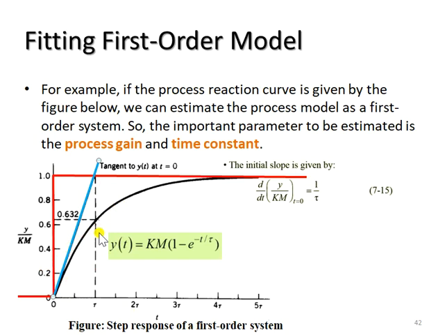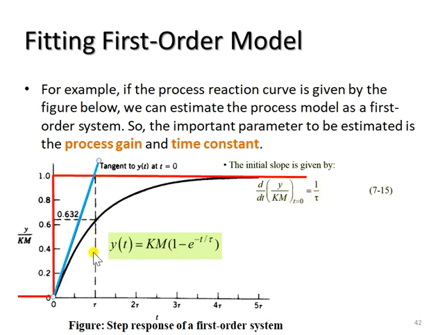So theoretically, or from this figure, we can see that the maximum slope is obtained and crossing the final value. If we sketch this slope, we can get the value of slope is 1 over tau.